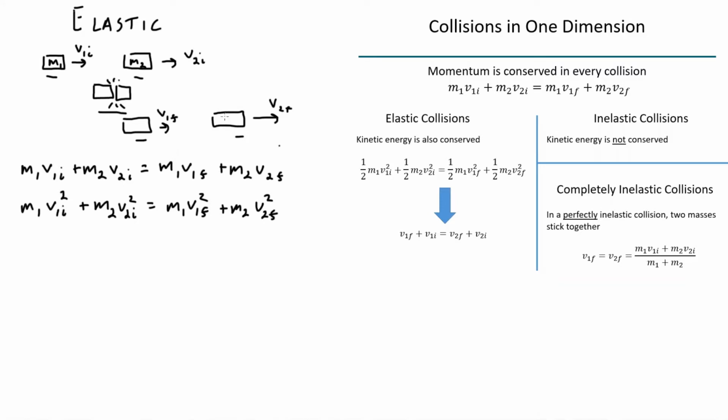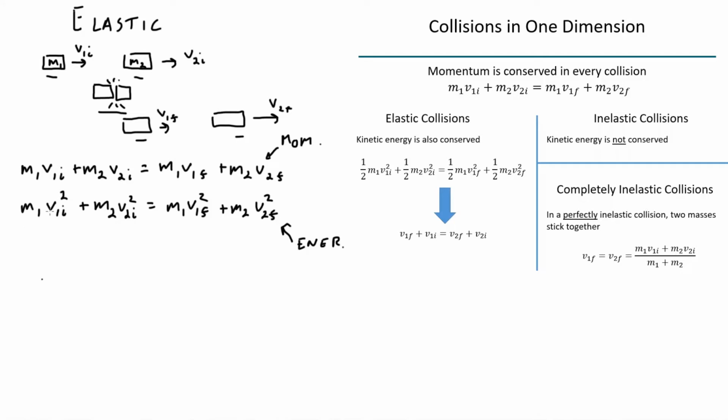So this is momentum conservation, and this is energy conservation. Okay, so what I'm going to do is do a little bit of algebra here to rearrange these and get a nice result that allows us to calculate the final velocities in the case of an elastic collision.